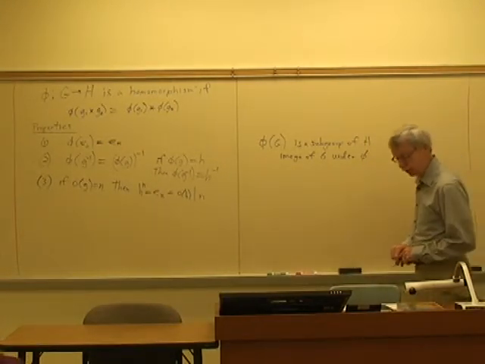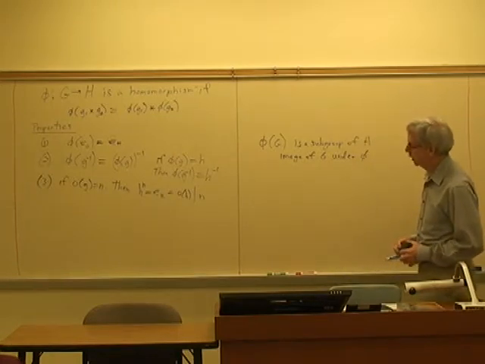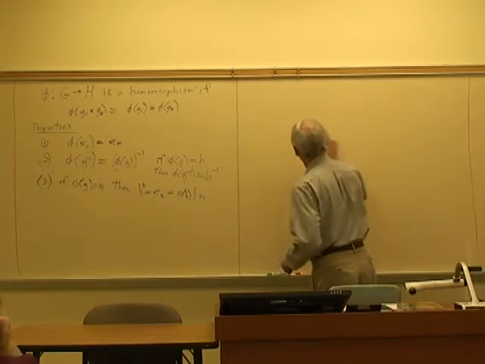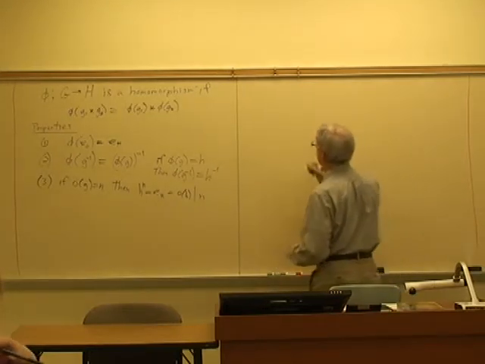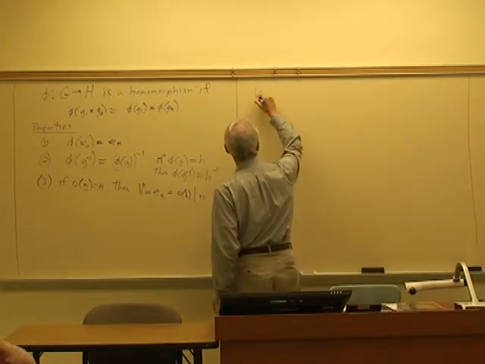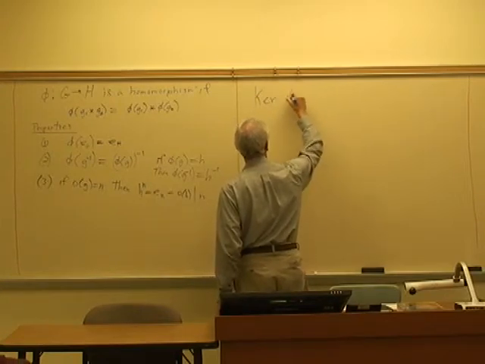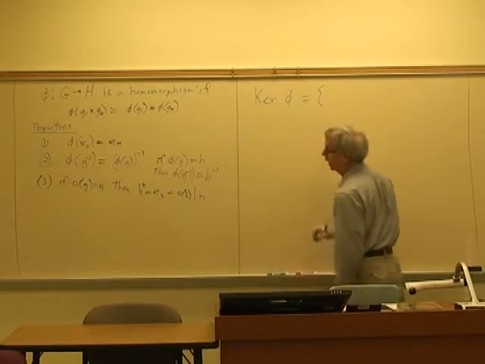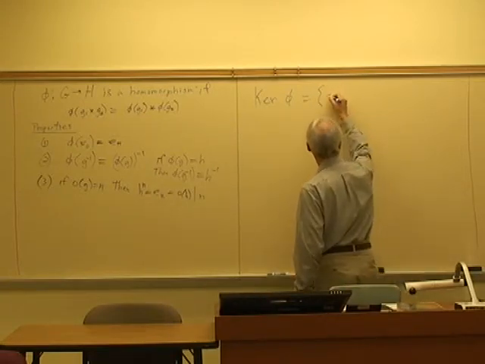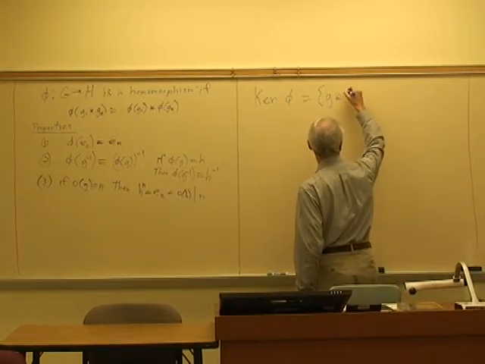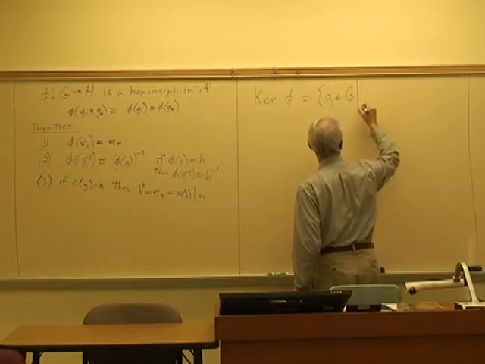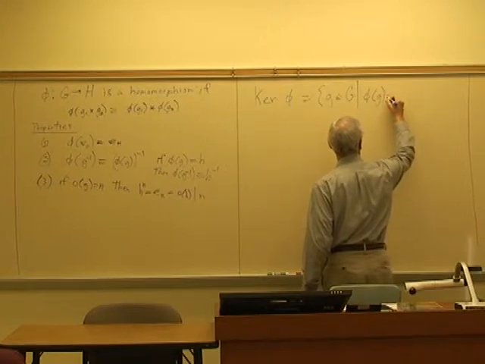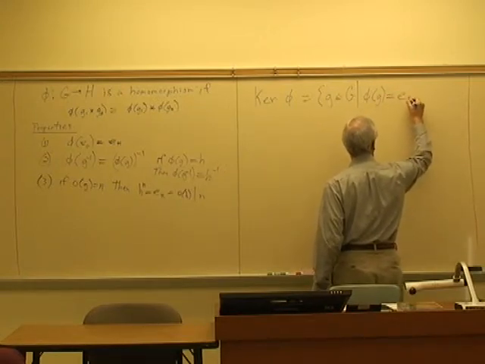I want to establish now another important subgroup that is derived from the fact that we have a homomorphism. And we define the kernel of any map to be the set of all elements in the domain that give the identity in the codomain as the answer.